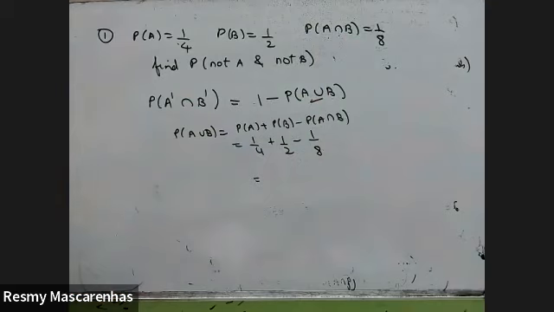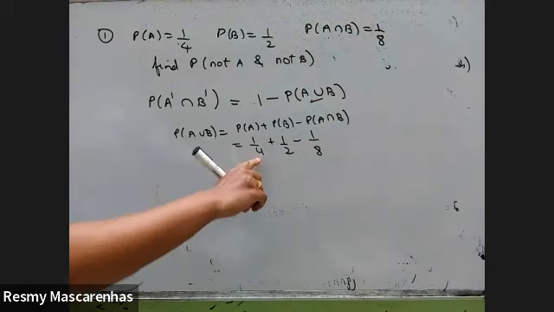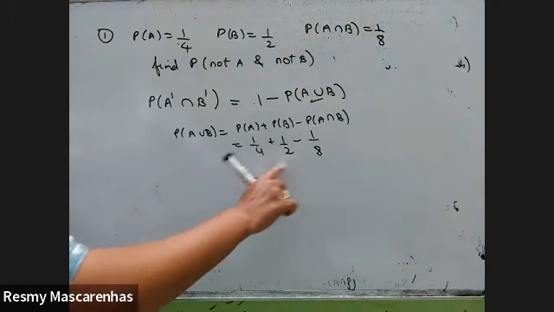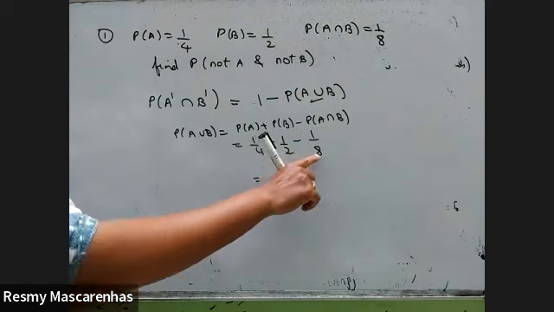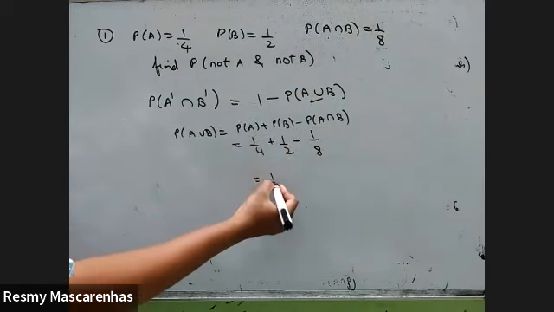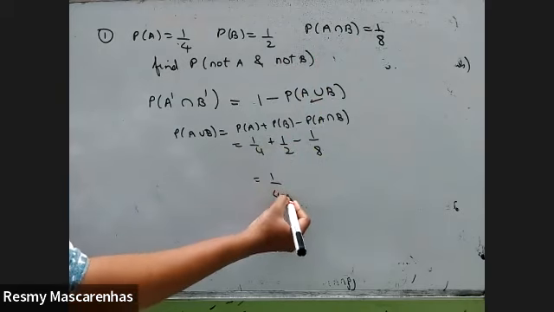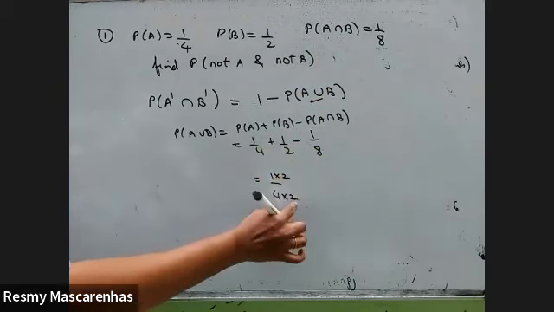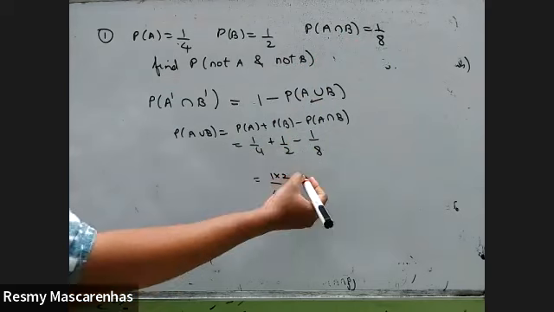In these types of problems, try to learn the LCM. LCM is nothing but making the denominators the same. The highest denominator is 8, so I have to make this also 1 by 8. To make this 1 by 8, I have to multiply by 2. Whatever I introduce here, I have to introduce here.